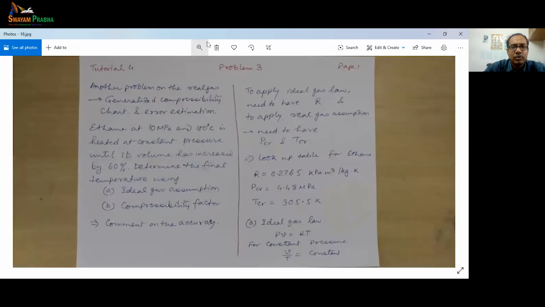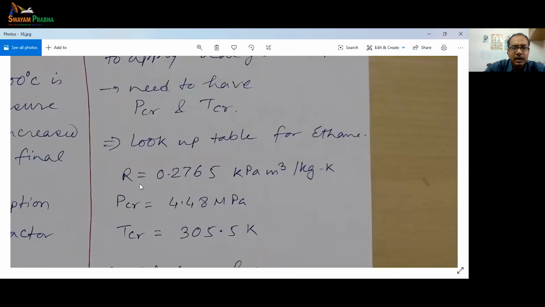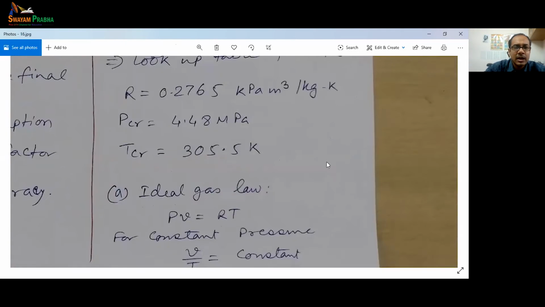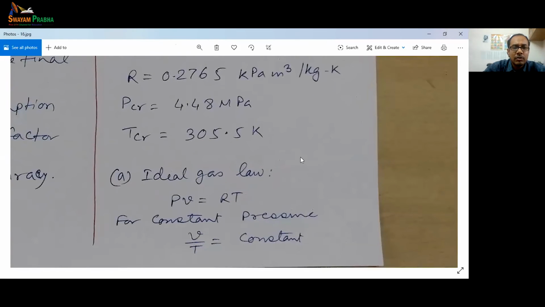Going back to the problem, what we have looked up: R is 0.2765 kilopascal meter cube per kg K, which is equivalent to kilojoule per kg K, the critical point pressure is 4.48 megapascal, and the critical point temperature is 305.5 Kelvin. Now the first part of the problem is to just assume ideal gas.